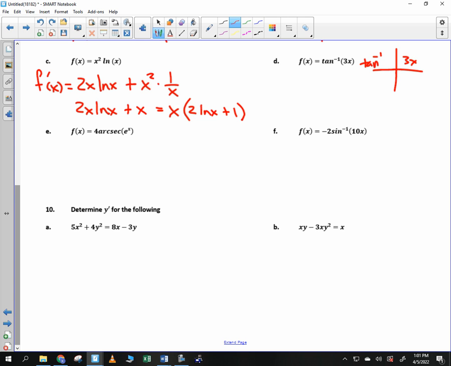Arctan, which is the same as tangent inverse. What's the derivative of 3x? 3. What's the derivative of arctan? 1 plus u squared. Good. So what goes on the top? Good. 3 goes on the top. What goes on the bottom? Good. 1 plus 9x squared.